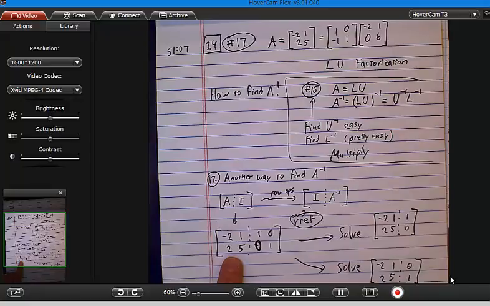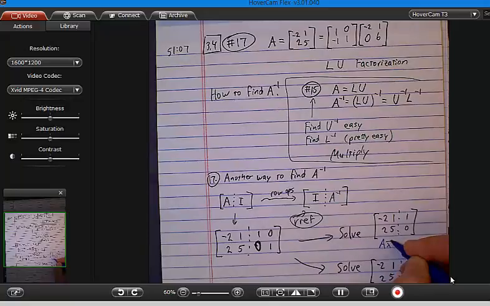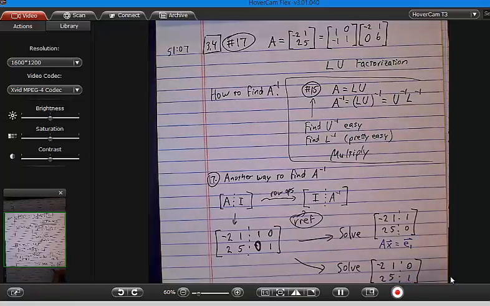What they really say you're solving here is the equation AX equals, and what's usually used is E1. And AX is equal to E2. Have you guys ever seen these E's yet?